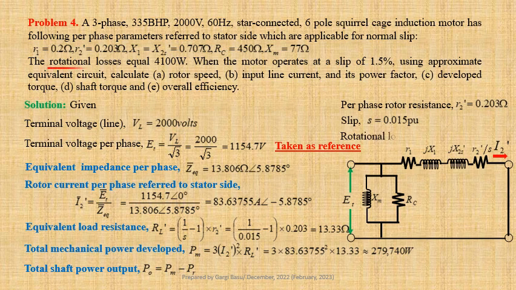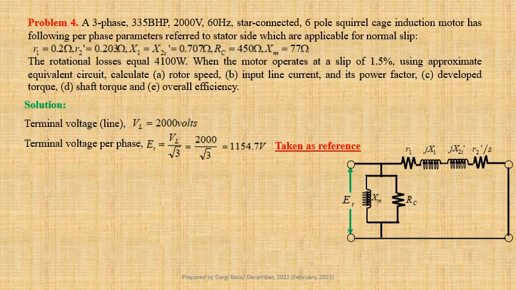Given rotational losses, PR equals 4,100 watts. Therefore, PO equals 2,79,740 minus 4,100. That gives us 2,75,640 watts.